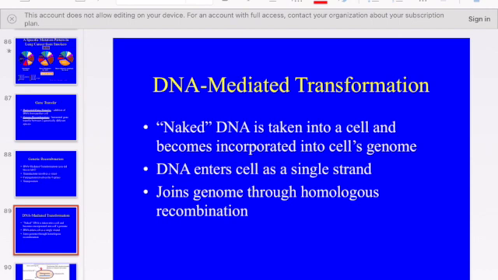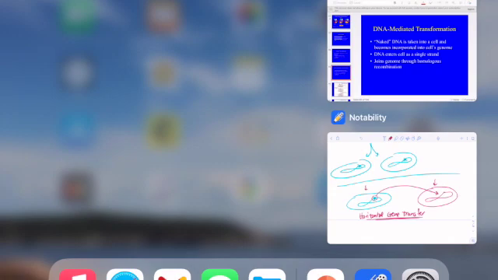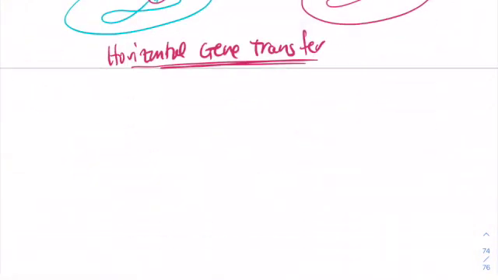First up is DNA-mediated transformation. It's when naked DNA is taken into a cell and incorporated into a bacterial cell's genome. So let's talk about DNA-mediated transformation, or just transformation.